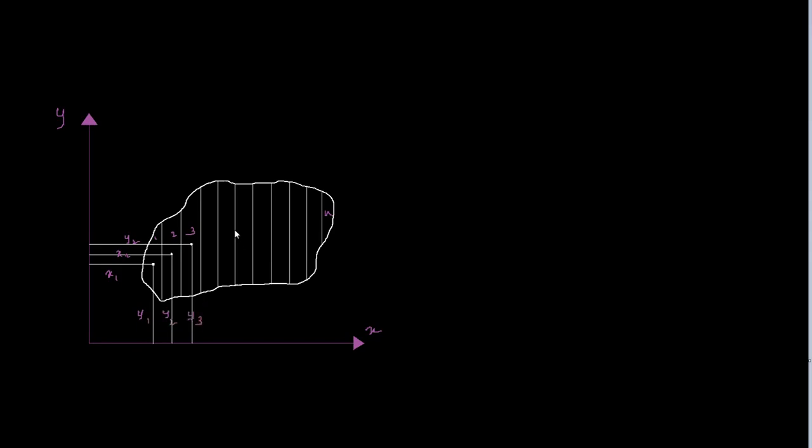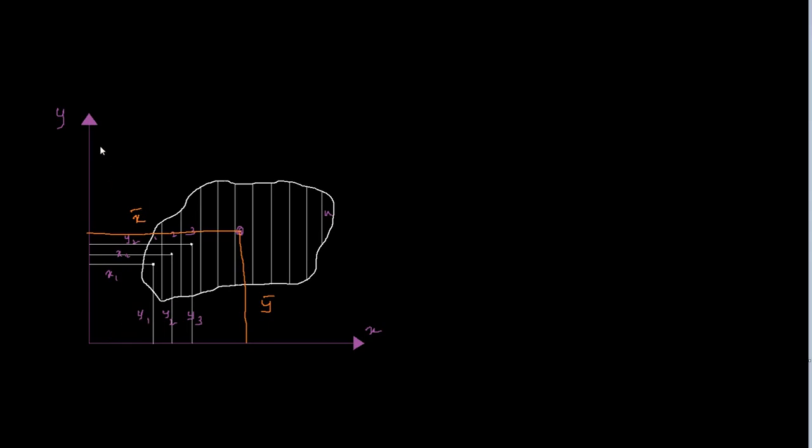And let's say this is the centroid of the body, and let's call those distances x bar and y bar. This is your x bar, and this is your y bar.